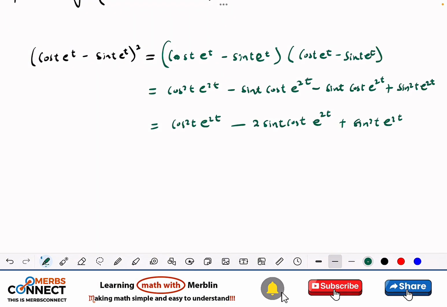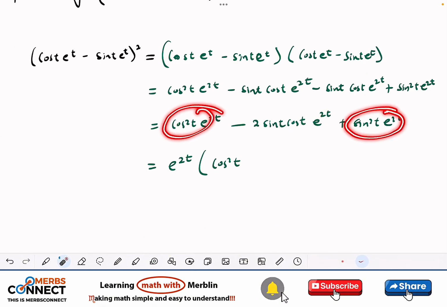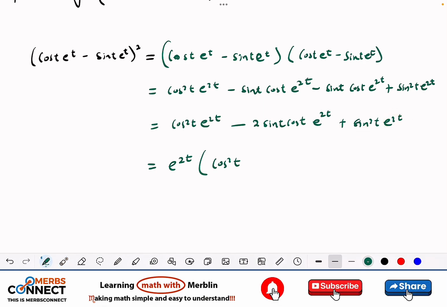So what I can do here is factor e to the power 2t out, and this one will be left with cos² t. Then I'll bring this one again, so when I factor this out, it will be left with sin² t, plus sin² t, minus, when I factor this out, 2 sin t cos t.